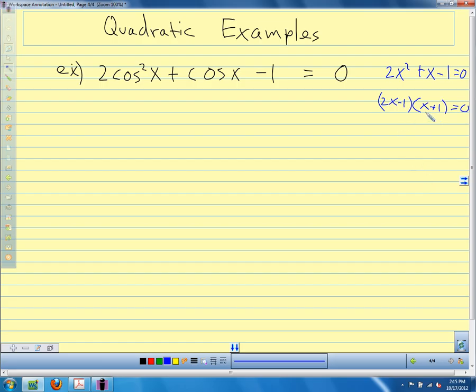So this would give me 2x squared. This would give me a positive 2x minus x would give me a positive x. And these last two would give me the negative 1. So this problem is exactly the same. I have to factor this problem just like I factor this problem. So this is going to be 2 cosine x minus 1 times cosine x plus 1. And that equals 0.